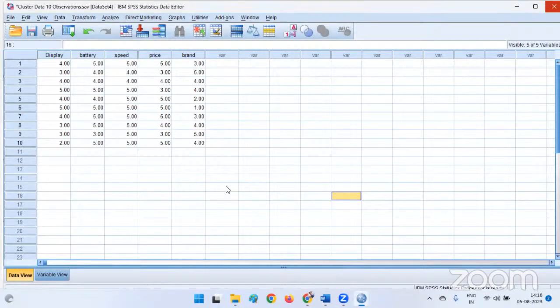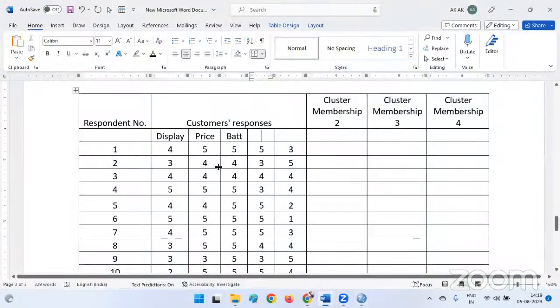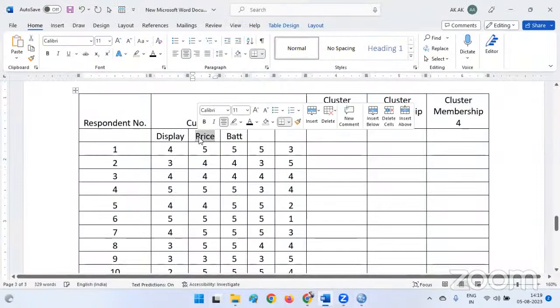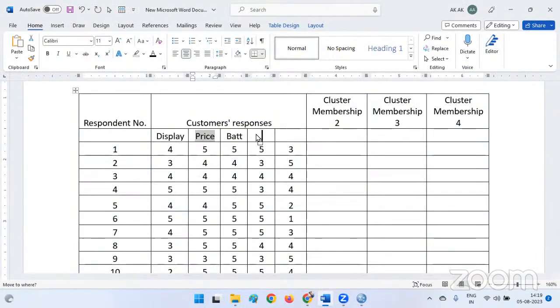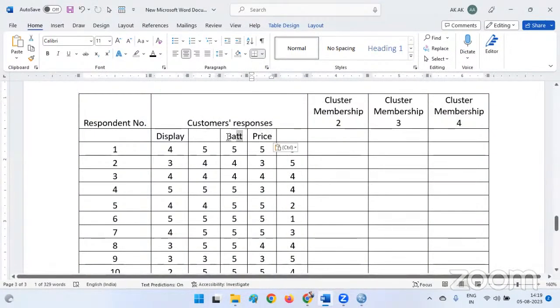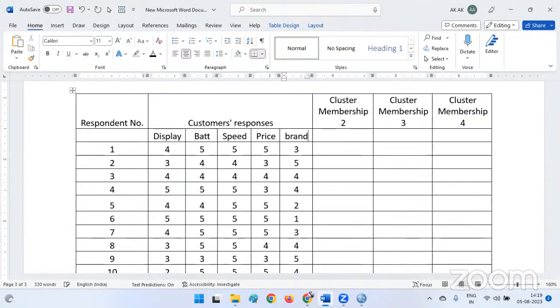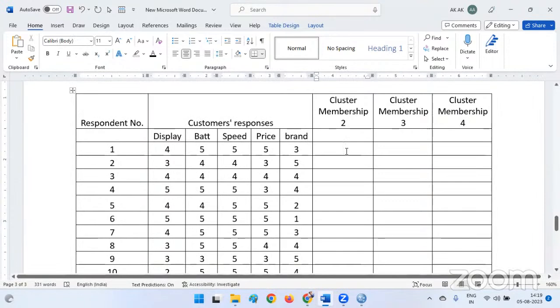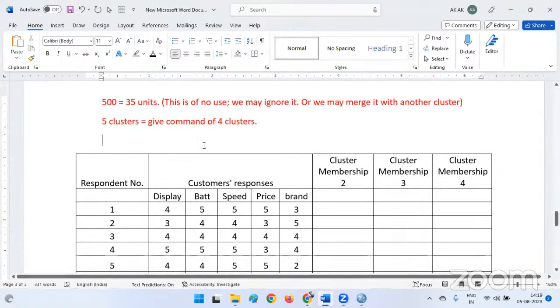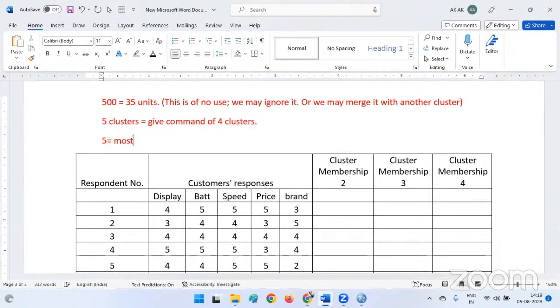Okay, these are the features, and we ask that 5 is for most important, 1 is for least important.